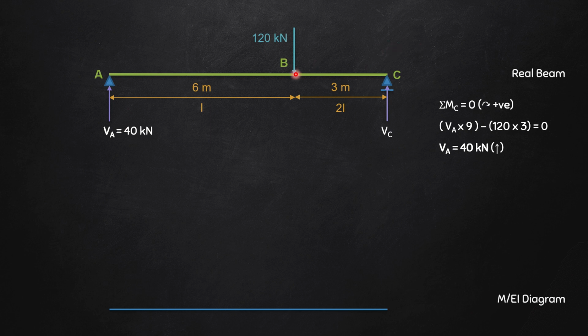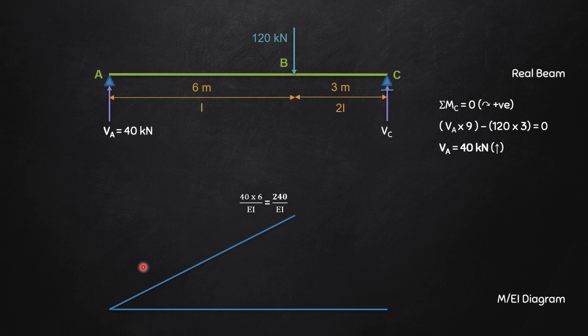So I have to find out mainly the moment at B. But since B is at a point where just to the left the moment of inertia is I and just to the right the moment of inertia is 2I, therefore the value of M by EI will have two values at B. So if I consider just to the left and considering the value of I as I, then I will have the moment at B due to 40 kilonewton as 40 multiplied by 6 divided by EI, and that is going to be 240 divided by EI.